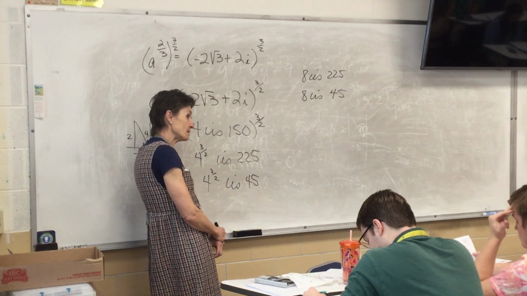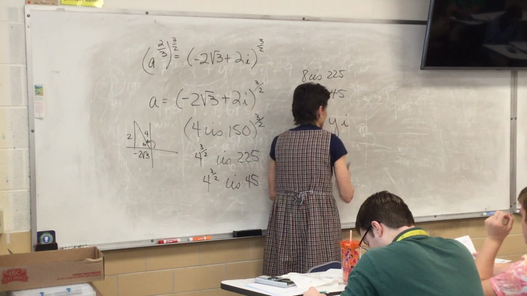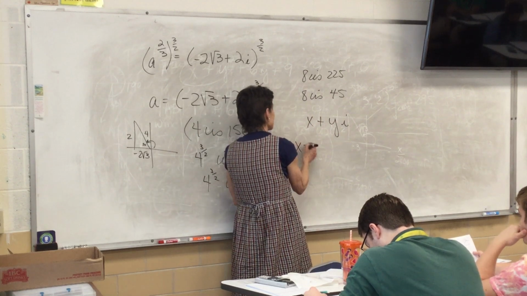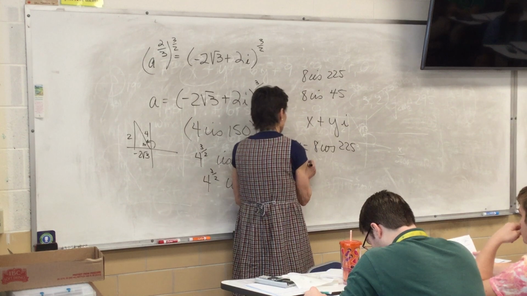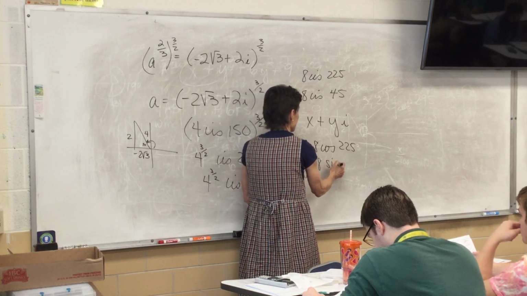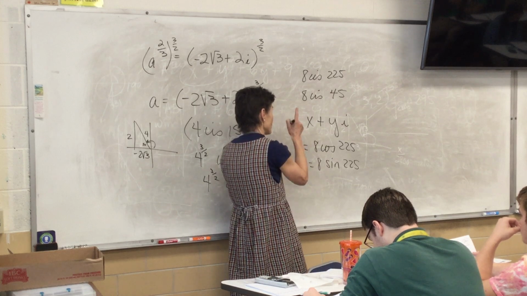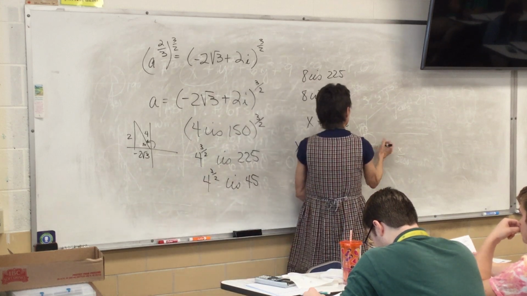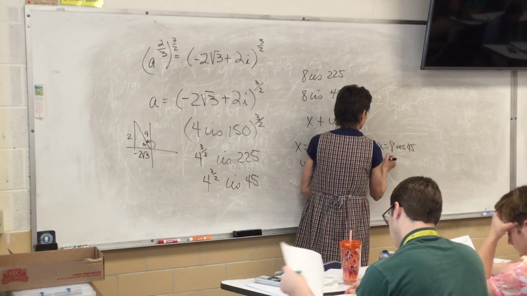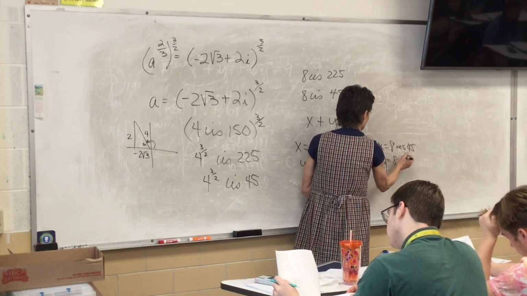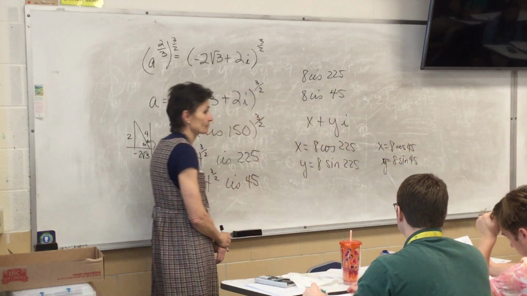So that means x plus yi. So x is 8 cosine 225, and y is 8 sine 225 for the first number, and then 8 cosine 45 and 8 sine 45 for the second number.